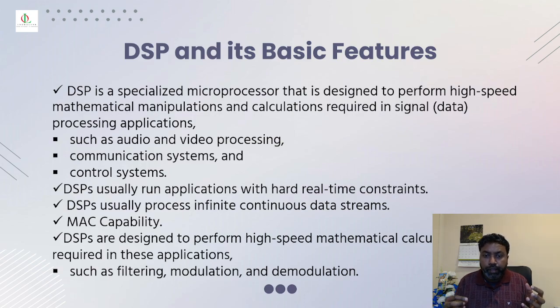Everything comes with frames per second, so that has to process really fast, so you can see without any stalling, like I'm there next to you and talking to you. DSP gives that sort of speed. DSPs can be used in communication systems and in control systems. And DSPs are really good at running with hard real-time constraints.